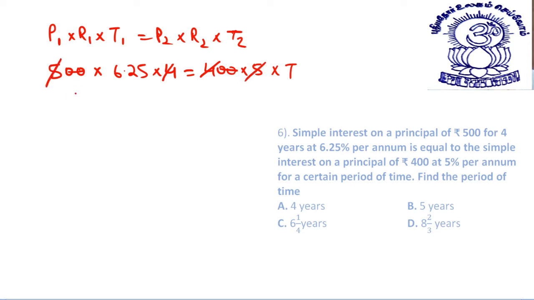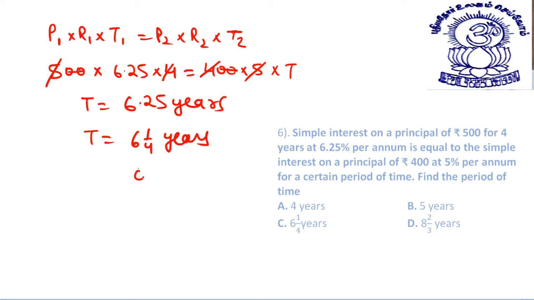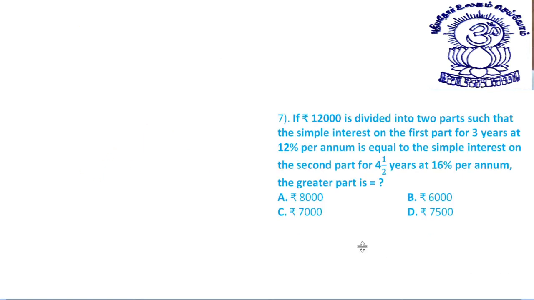So you very easily get t is equal to 6.25 years, or you can say 6 1 by 4 years. That is option number C is your answer. I hope it is clear to all of you. Okay, let's move to the next one, dear students.